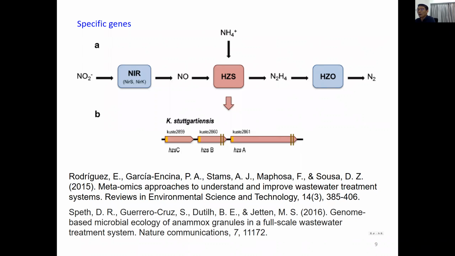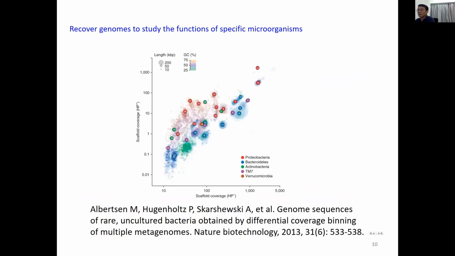However, none of the Anammox bacteria had been obtained as a pure culture. So far, there are no pure culture Anammox bacteria. Therefore, the metagenomics is a key measure to access their genes and get a better understanding of the bacteria in different bioreactors. And also we can use a metagenomics method to recover genomes to study the function of a specific microorganism.